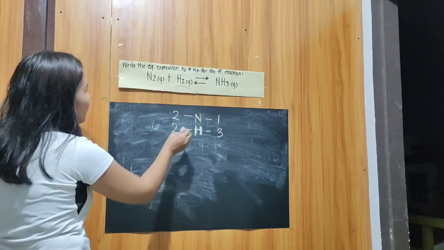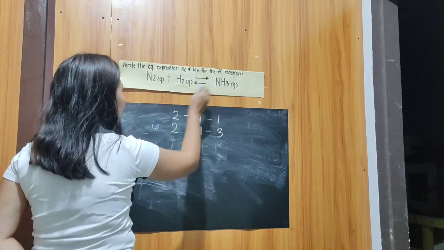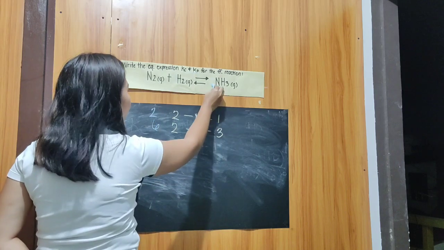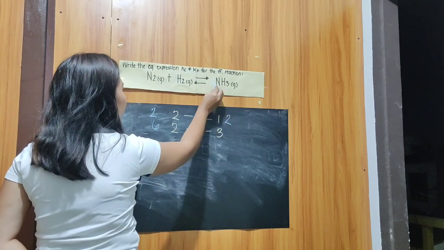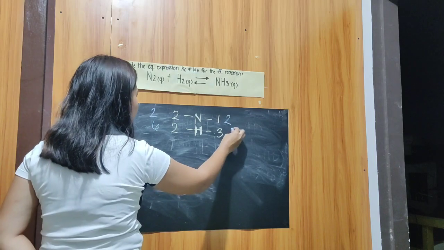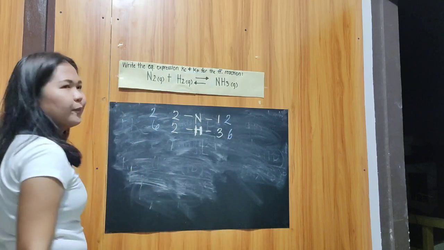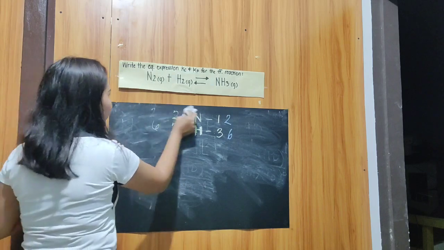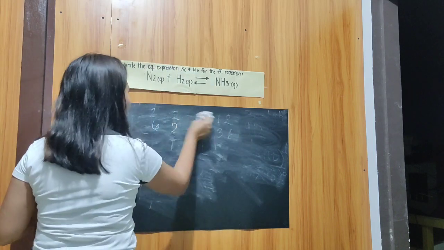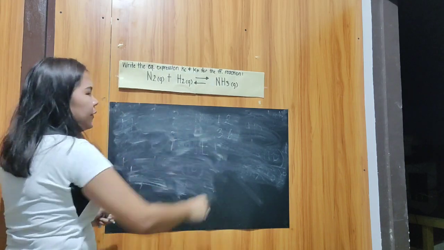And then the same 2. Then nitrogen became 2. And then hydrogen, 2 times 3, 6. Okay, balanced. So we already balanced the equation.